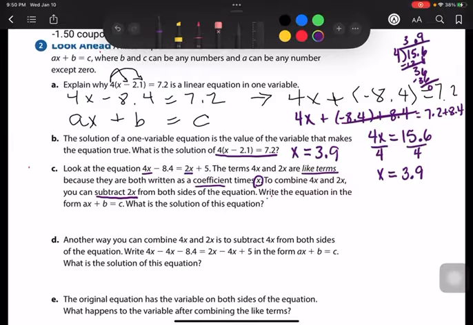It asks you to write an equation in the form ax plus b equals c, and find the solution. So we have 4x. I'm going to rewrite this equation over here, using a different color.